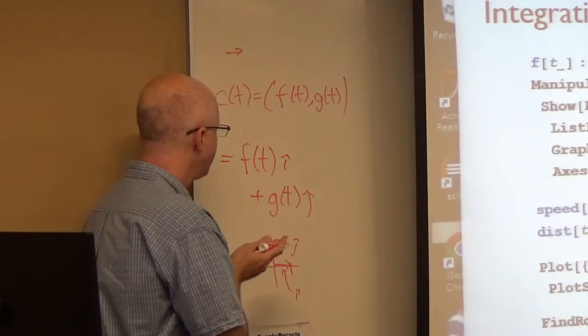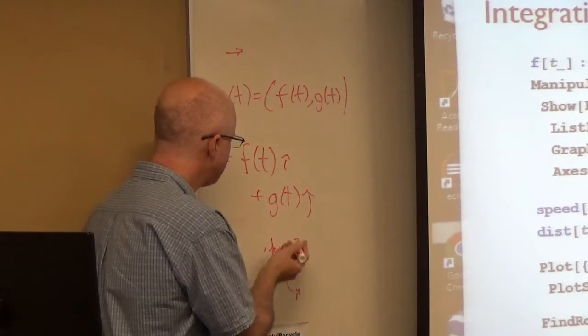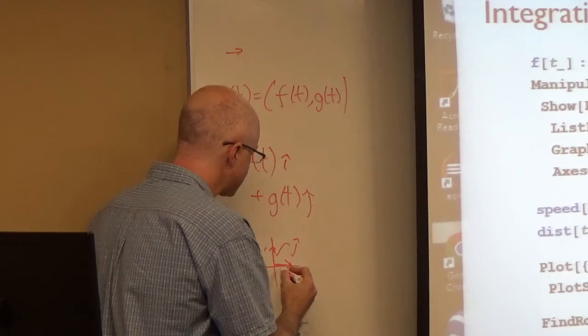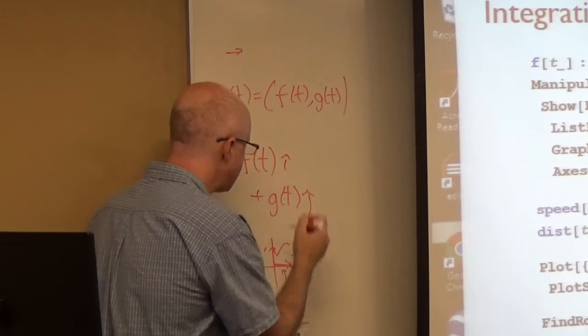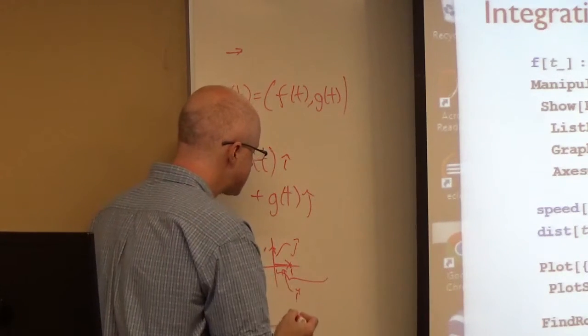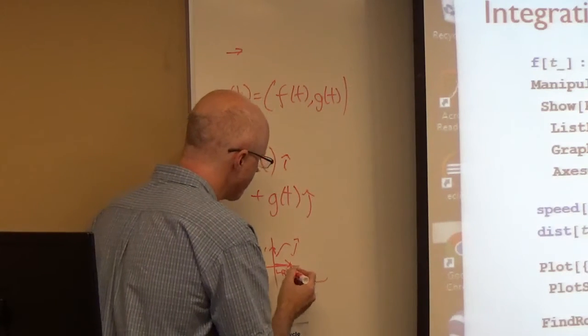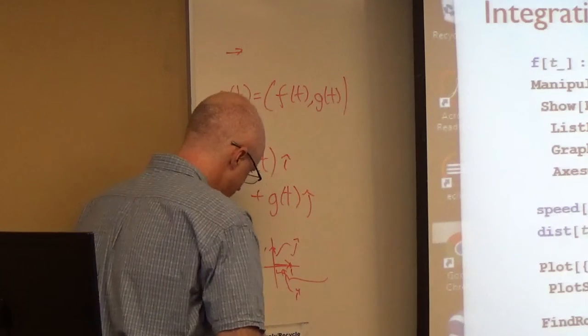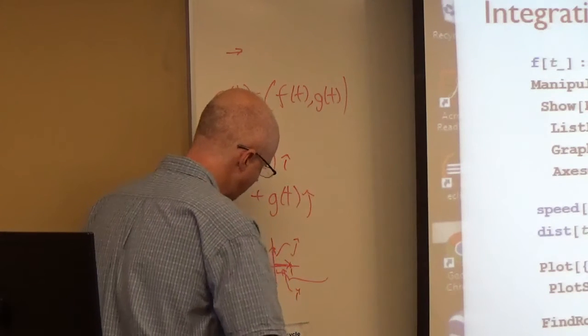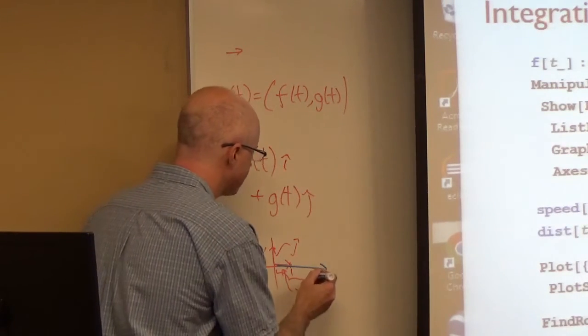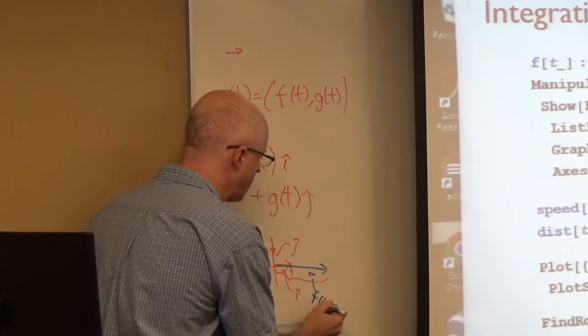And effectively, by writing the point in this way, you're saying, well, if f of t and g of t are positive, I have to take f of t times i hat, essentially scale i hat up by a factor of f of t, if f of t is bigger than 1, to get a vector that's f of t units long. So this vector is f of t times i hat.